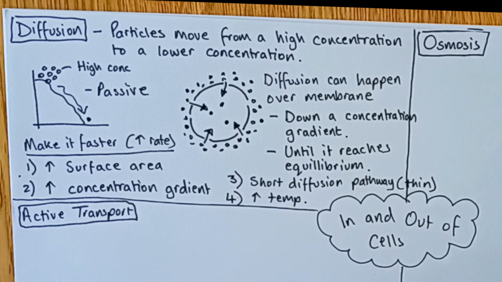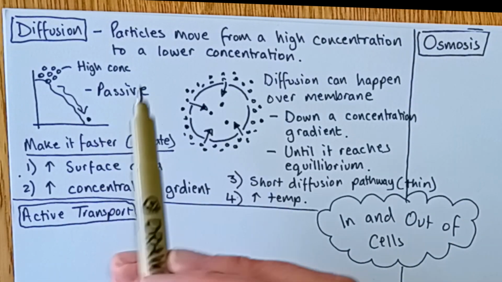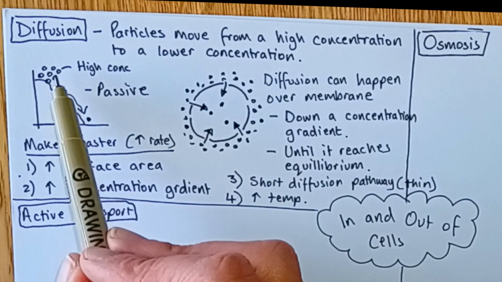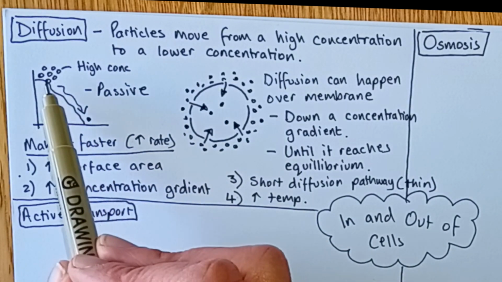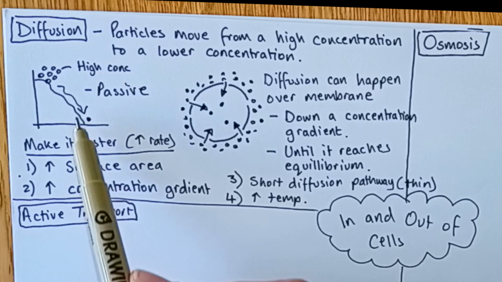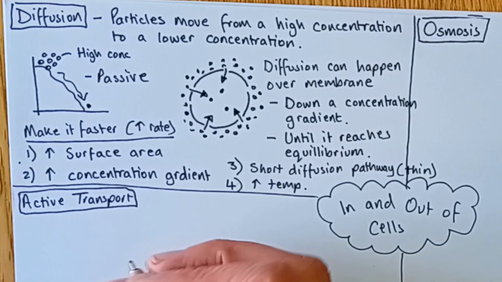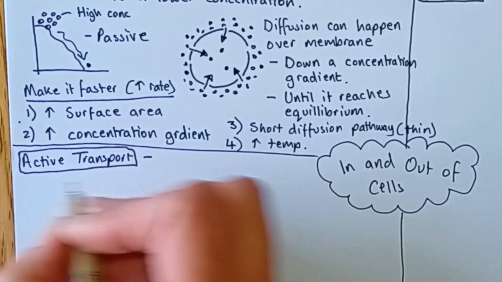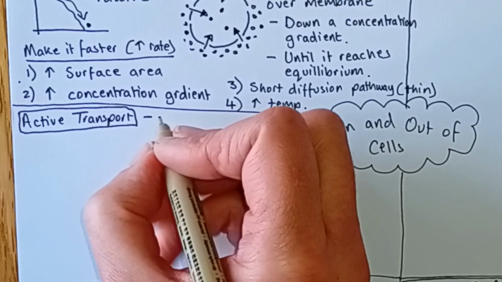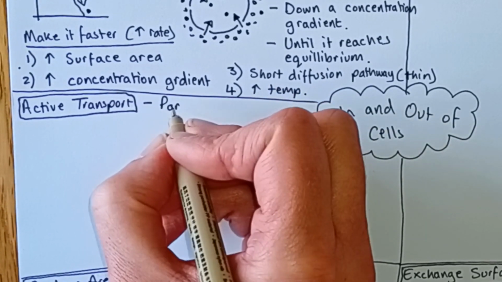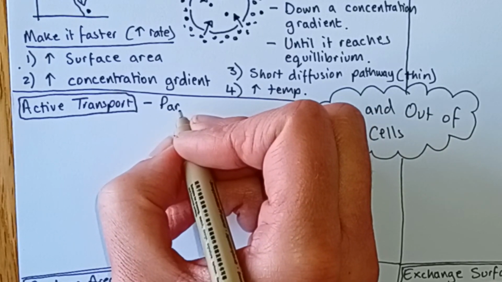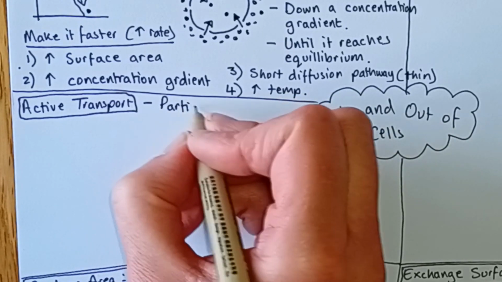Let's have a little think then of the opposite of diffusion. So diffusion is when particles are going from a high concentration to a lower concentration, and it's just happening because the particles are moving. It is passive. No energy is required. However, active transport, as the name suggests, is when particles move from a lower concentration to a higher concentration.